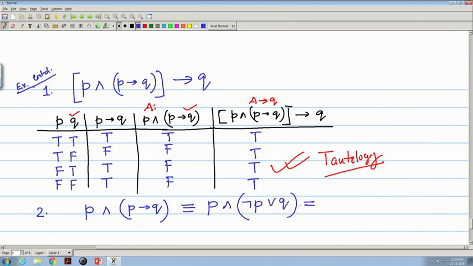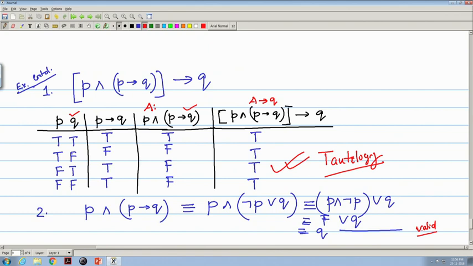Now, we apply the associative rule: (p and negation p) or q. p and negation p is F, or q, which is q only. So, here also we see that my compound proposition on the left hand side is simplified to q. So, it is a valid argument.